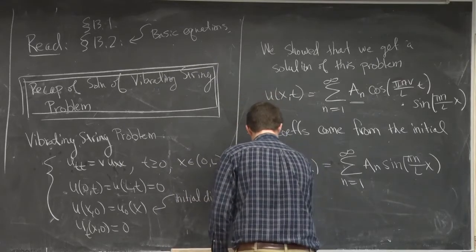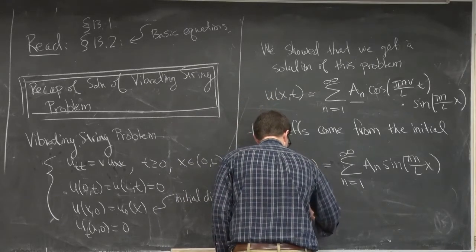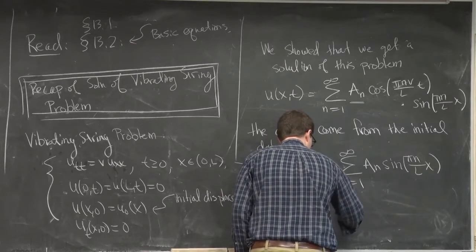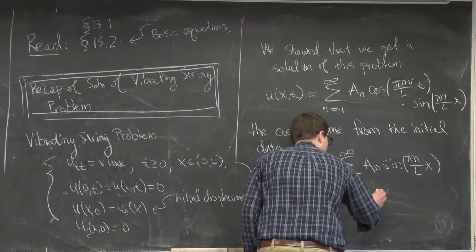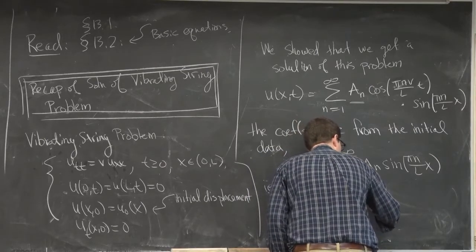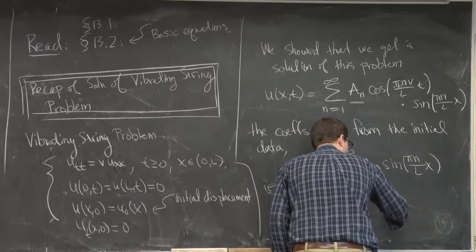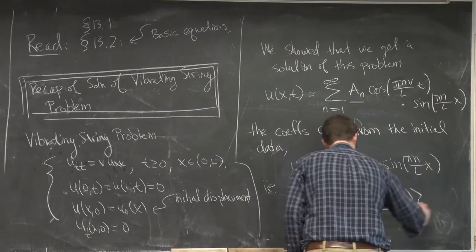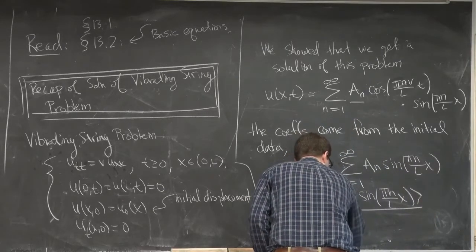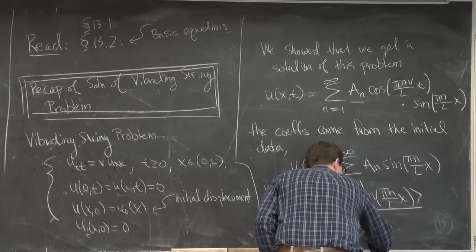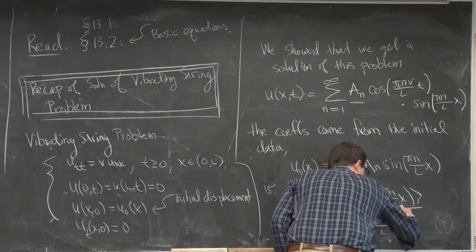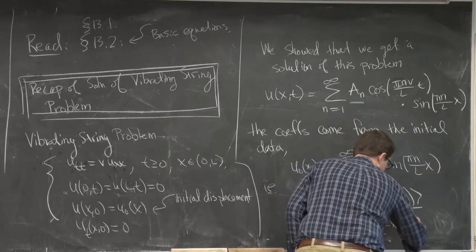So a_n is the inner product of u0 of x with sine of pi n over L x, over the norm of sine of pi n over L x, this norm squared.